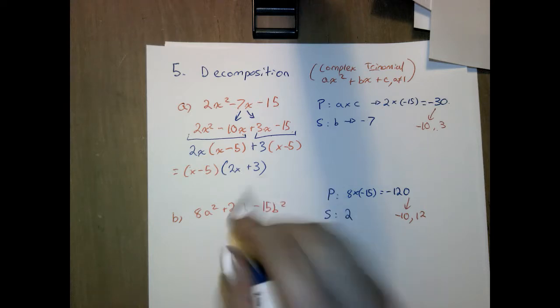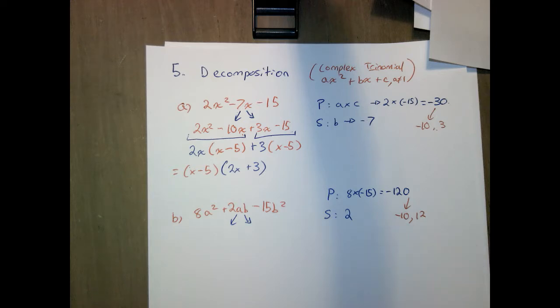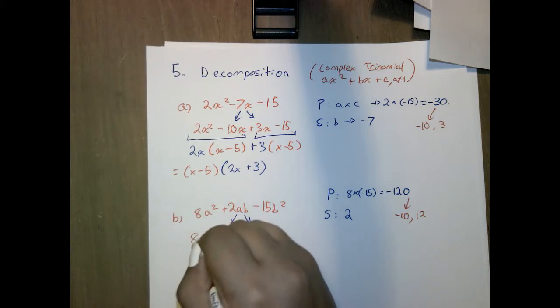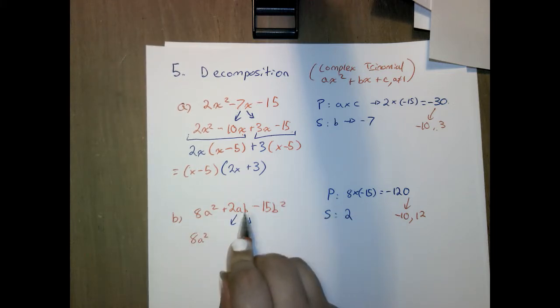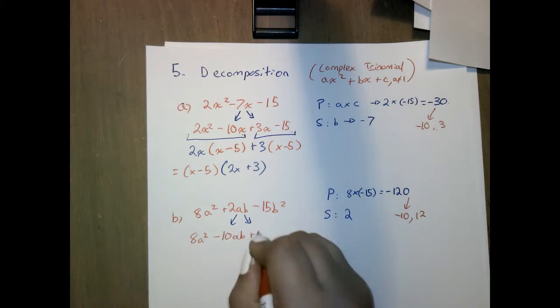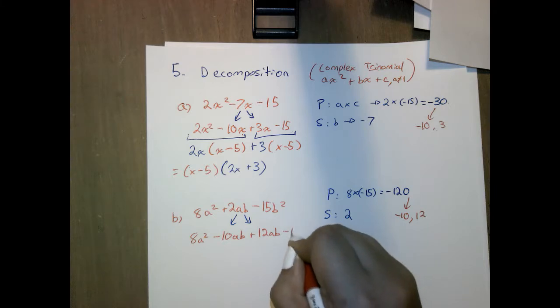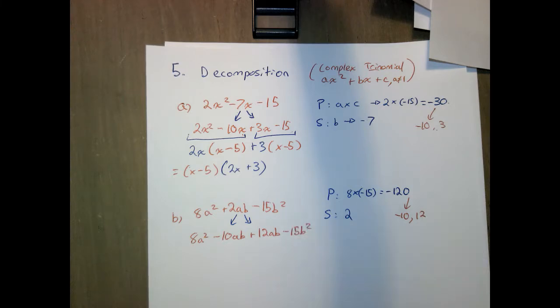And then I decompose my center term by using these 2 numbers. So I've got 8a squared, and then 2ab is equal to minus 10ab plus 12ab minus 15b squared.